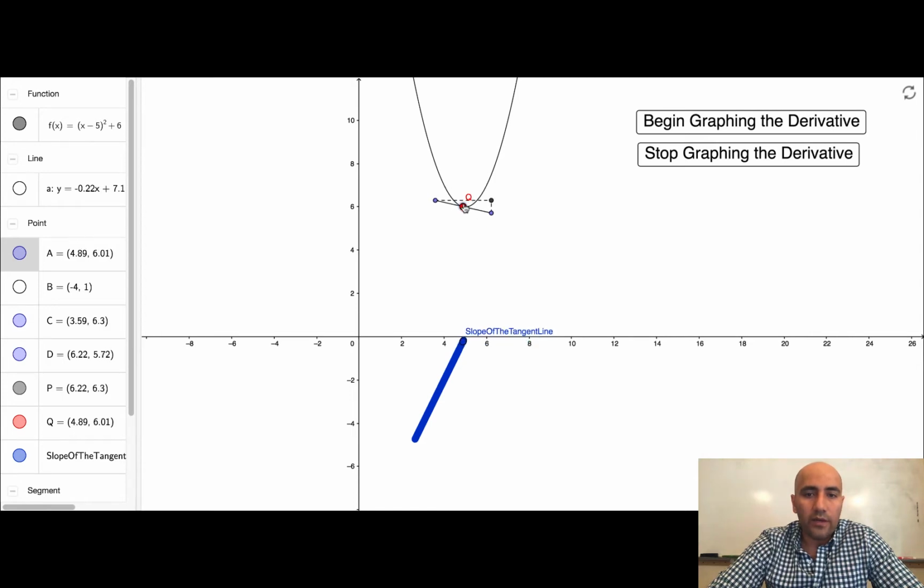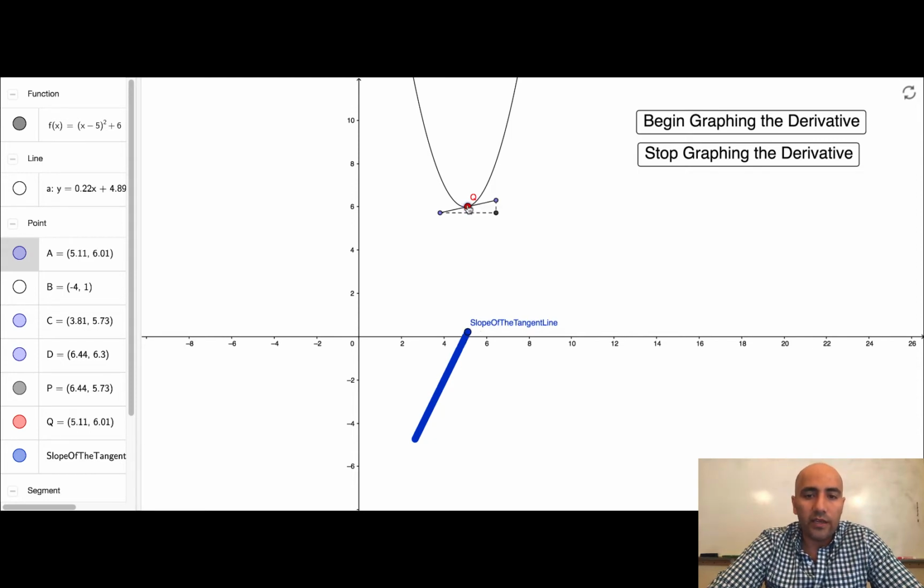So all the way up to here, we see that this blue line represents all the slopes of the tangent lines as we traveled through our original function. And they were all negatives. We started with a big negative and then smaller negatives until we got to 0. And then as we keep going, we're going to punch through the x-axis and go into the positives.